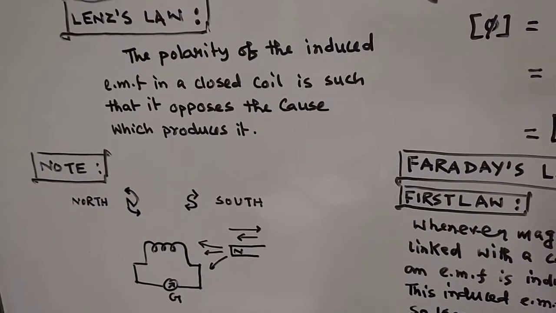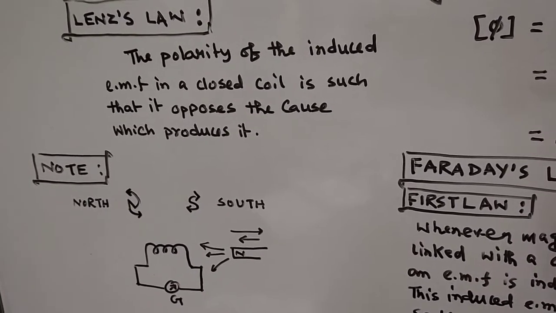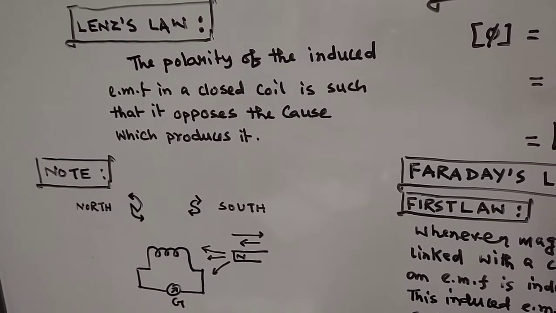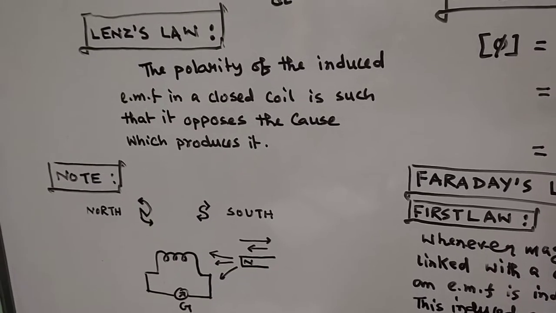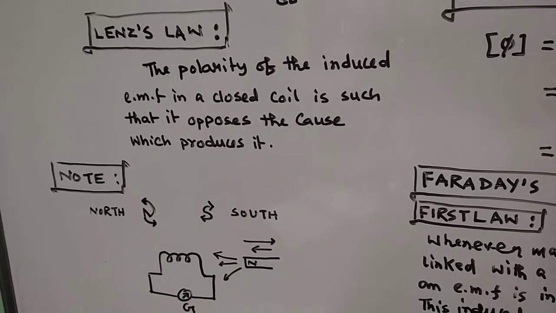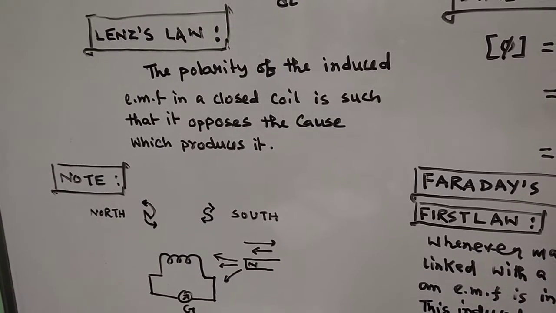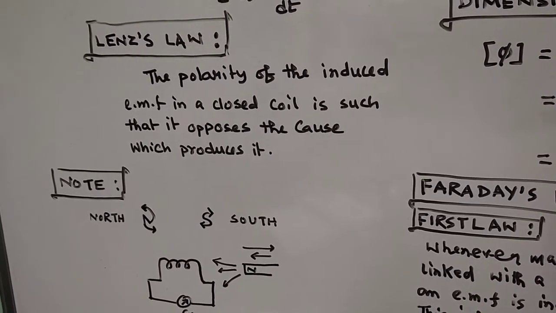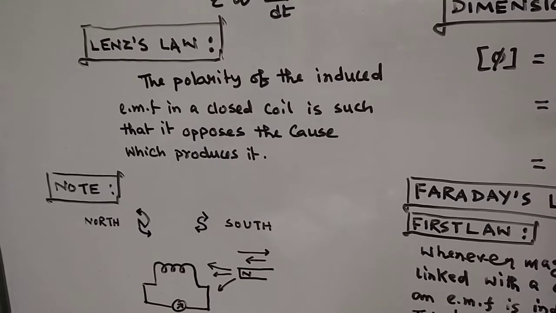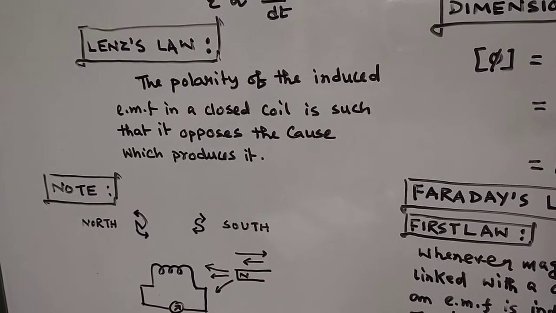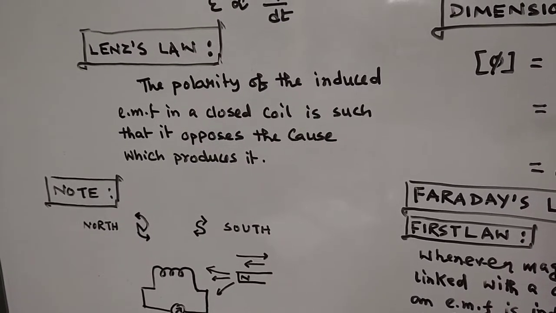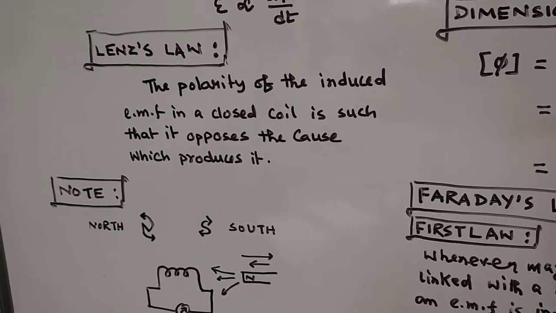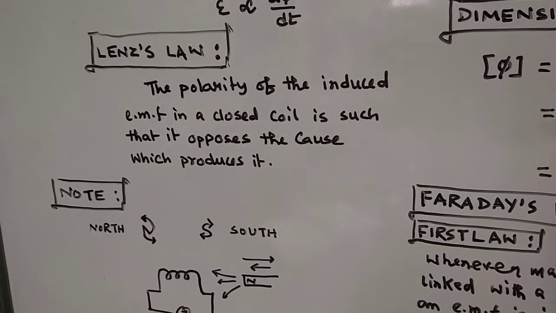So what will happen? The flux linked with the near face of the coil changes, and as a result an induced EMF will come. Now the direction of the induced EMF as per Lenz's law is such that it opposes the very cause. It means the north pole is varying towards the coil. Sometimes it is moving towards and sometimes moving away. That's why there is a flux change, and as a result an induced current. Now what will the induced EMF do? It will oppose the flux change.